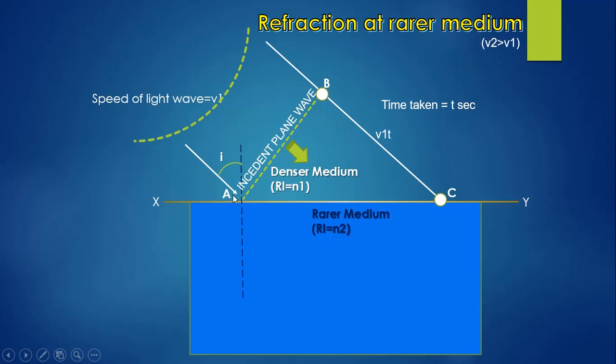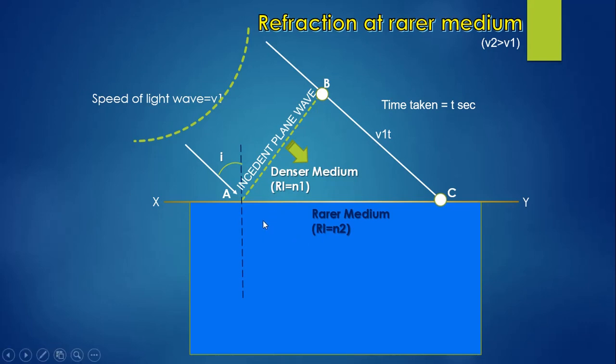Now its A end has already touched the interface XY. Now it is going to travel a certain distance in the rarer medium. In the denser medium, its speed is less, whereas when the incident plane wave enters into the rarer medium, it moves faster.